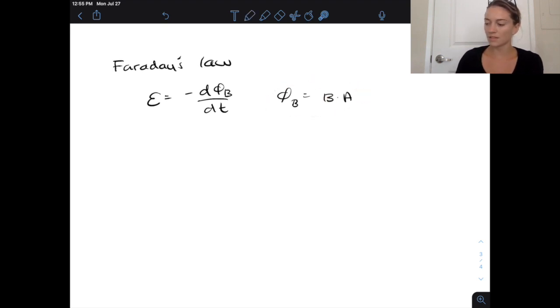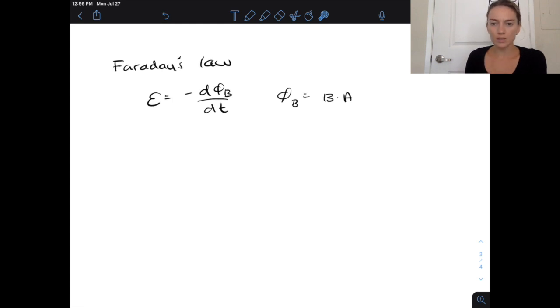It's just the magnetic field dotted into the area of whatever we're looking at. And then the EMF induced in some area, some wire, will just be equal to the time rate of change of that flux. And then you can determine the direction. So the direction is like this negative sign here. You can determine the direction with your right-hand rule.